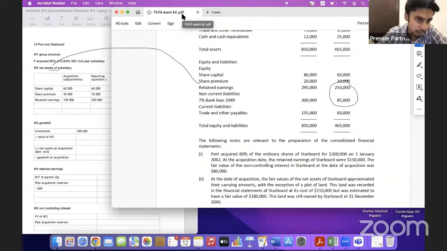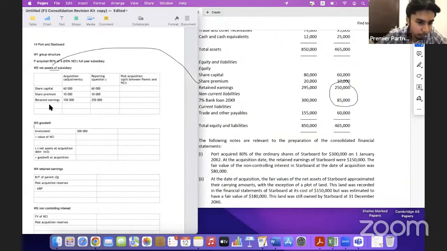Now, how do we mark this? Normally, for fair value adjustment, first you write it here: fair value adjustment. Now remember, it has increased by 30,000. That 30,000 you should write in the acquisition column. Why are we writing it in the acquisition column? Because it took place at that date, at acquisition.